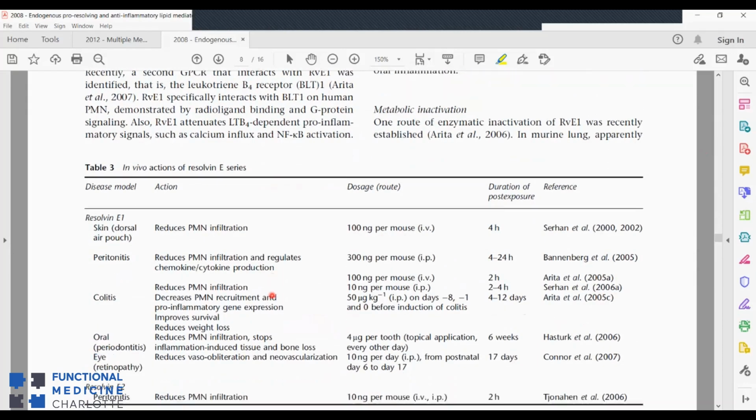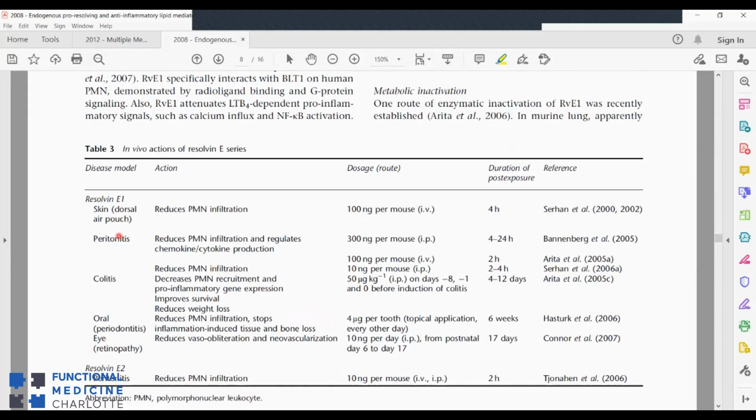If you look at E-series resolvins, what do they do? In the skin, they reduce inflammation. In the GI cavity, in the peritoneum, they reduce inflammation. In the colon, they reduce inflammation. They improve survival in colitis, reduce weight loss in colitis, and reduce inflammation in the eye and in the mouth.